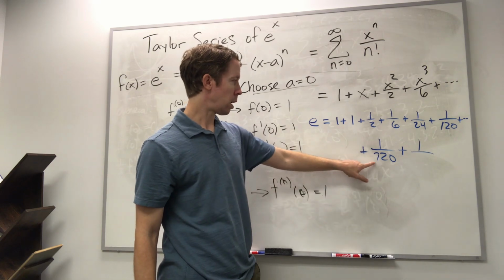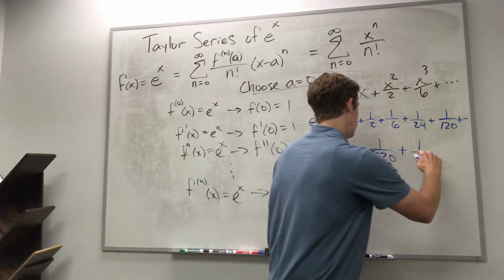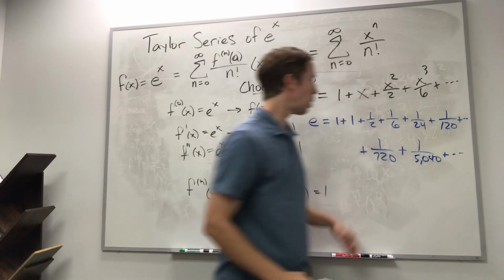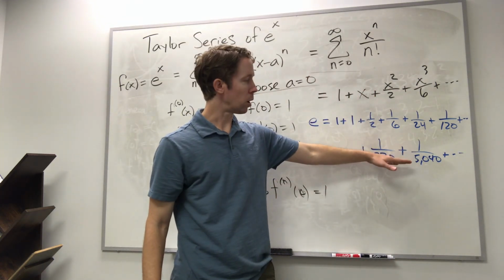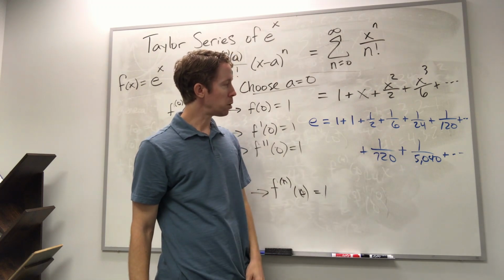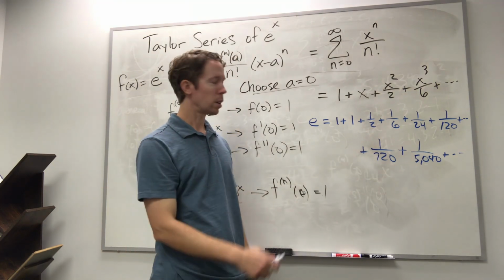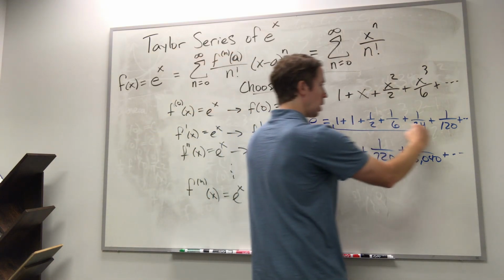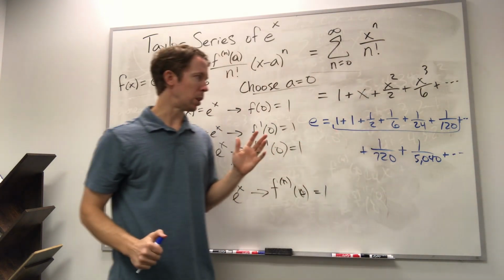What's that? 49 and 14, so 5,040. And so on. This denominator is going to get really big really fast. So if I'm just looking for getting this accurate to within 1/100th, it looks like if I just add those, that will be good.